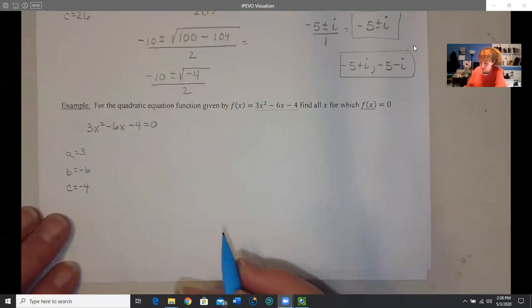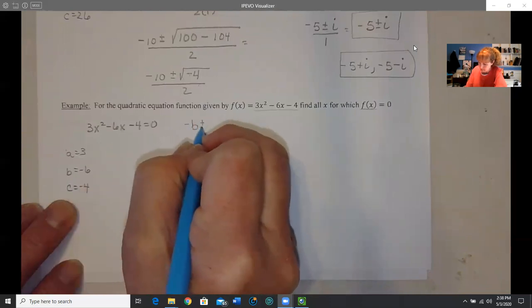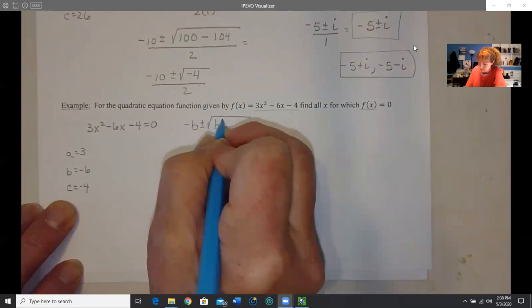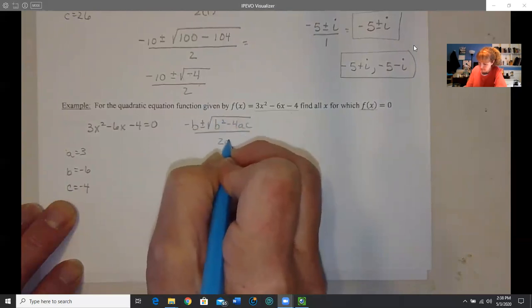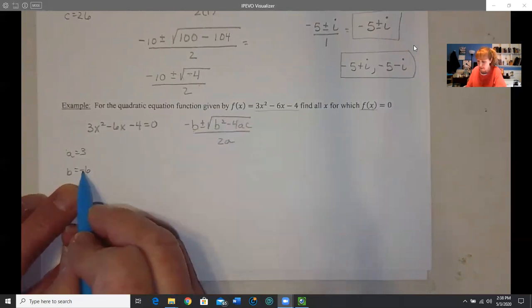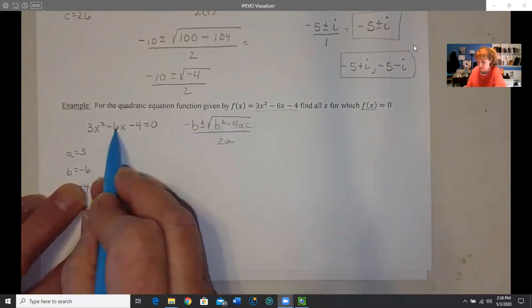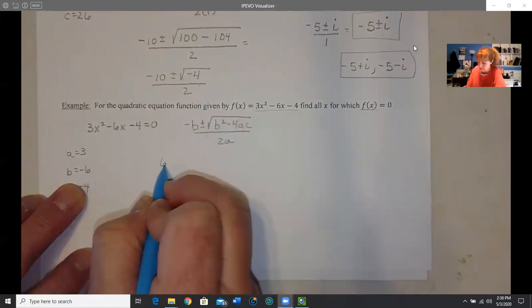And we come up with, I'll go ahead and write it down, b squared minus 4ac all over 2a. We'll take the opposite of b. So b is a negative 6. The opposite would be a positive 6.